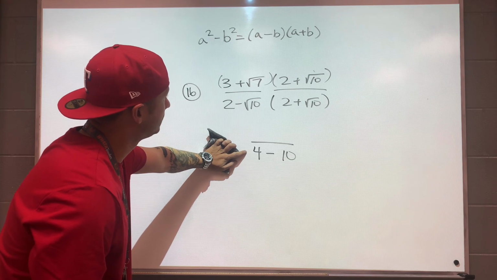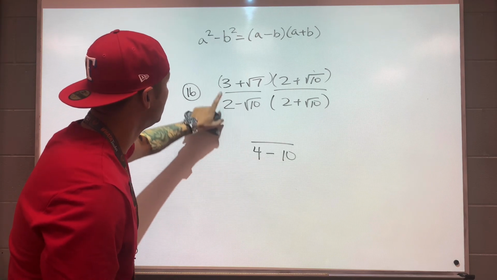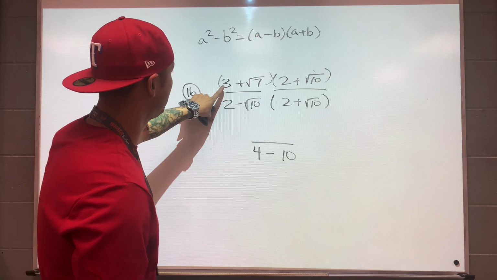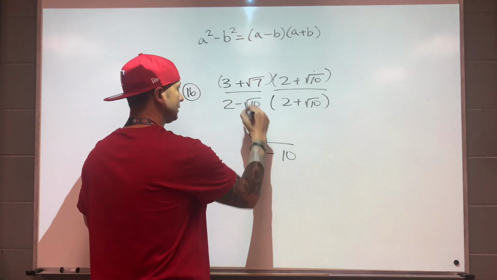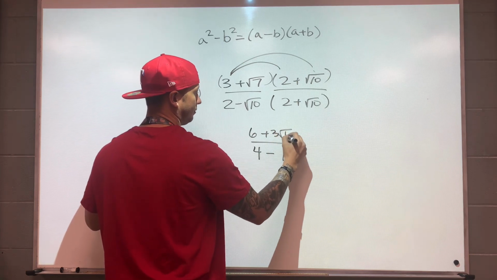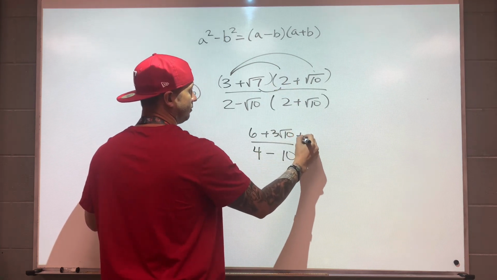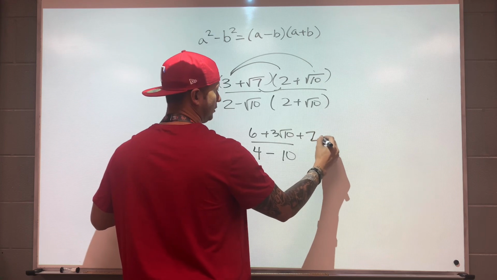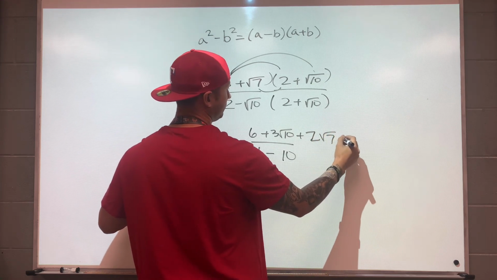So the top we're going to have to work. FOIL for sure, double distribution. So 2 times 3 is 6. 3 root 10. 2 root 7.